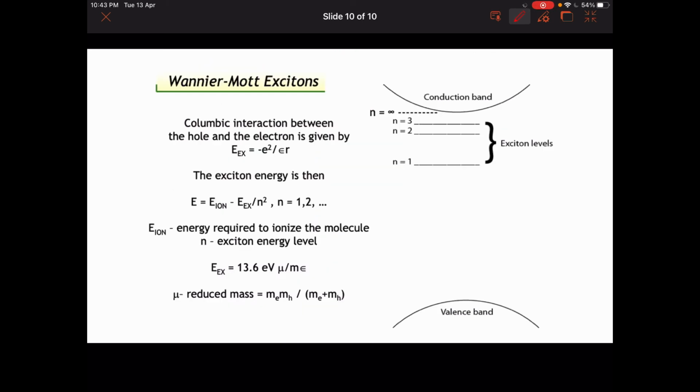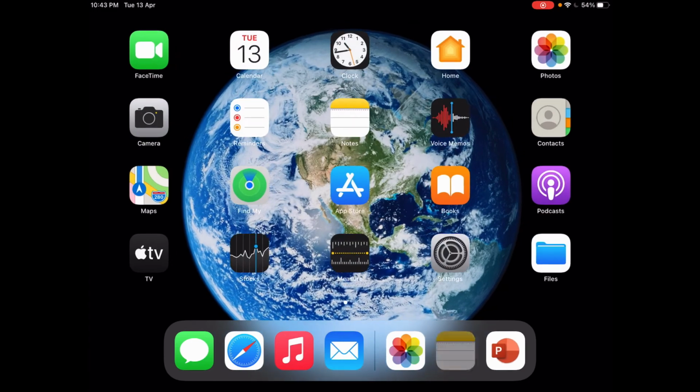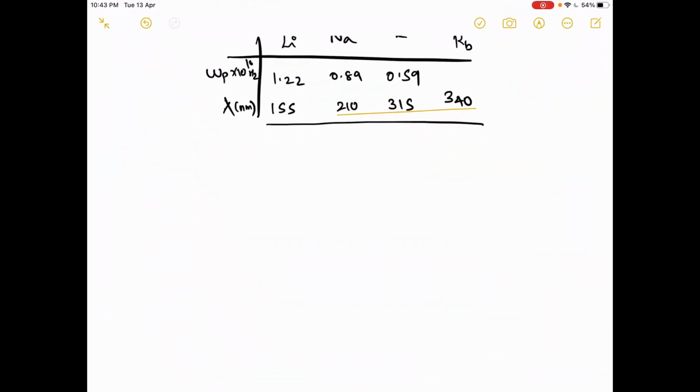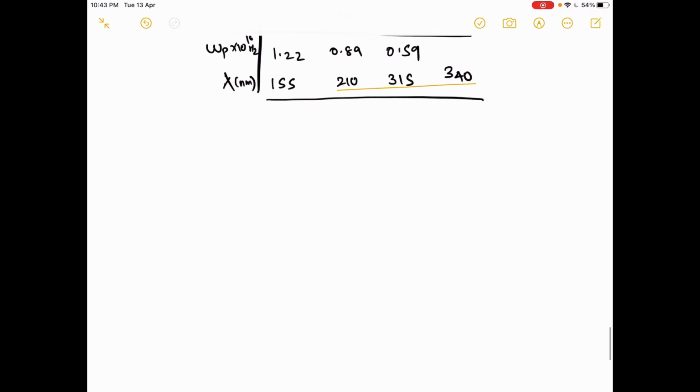So let's now write a very small theoretical treatment for excitons, and then we will see how the Wannier kind of excitons can be treated very similar to a hydrogen atom problem. So let's say the Schrodinger equation for excitons in a semiconductor.